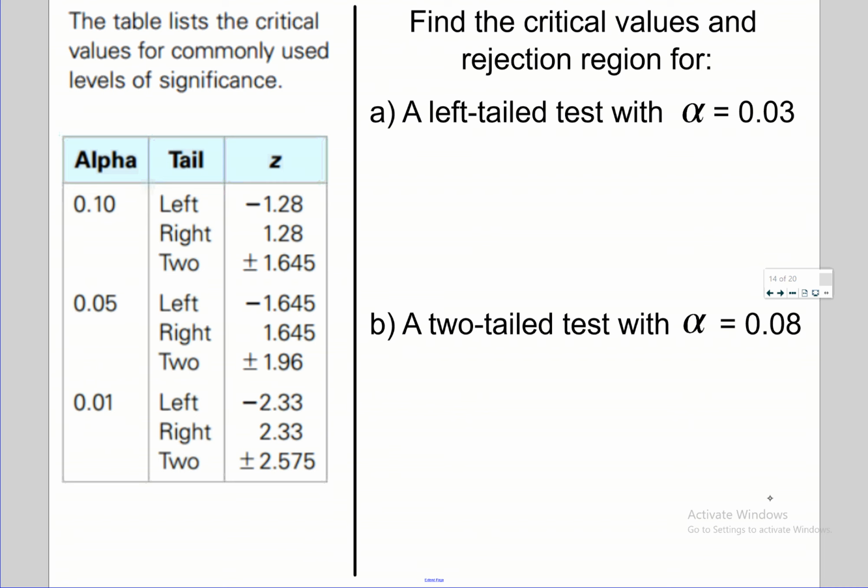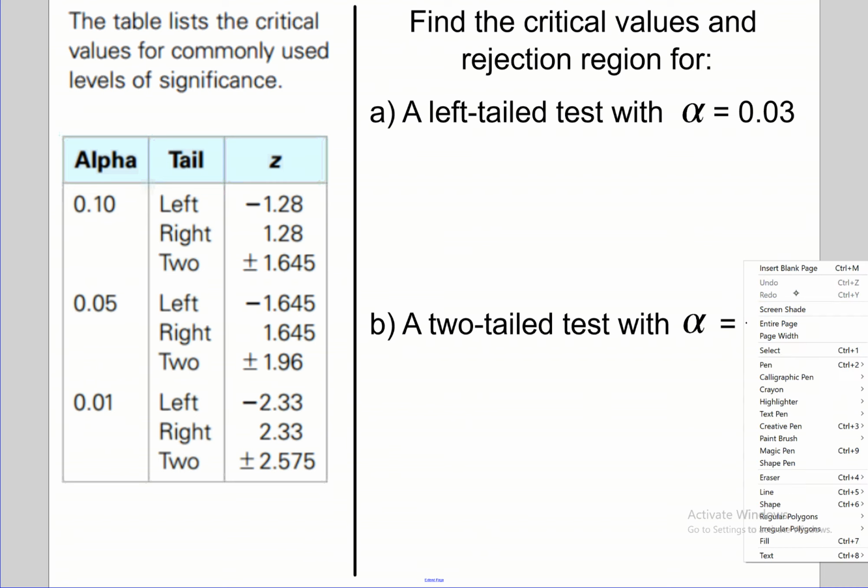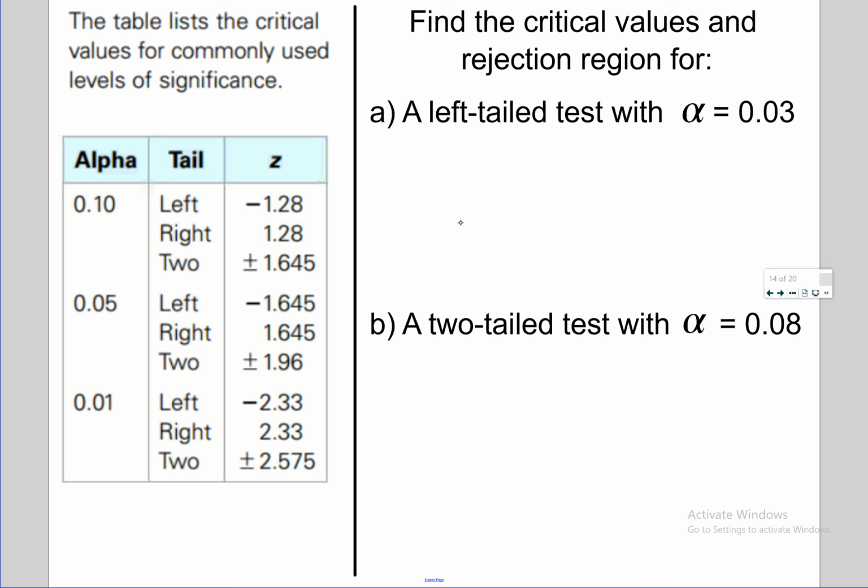If it's a left tail test, I'm going to draw a picture of that. What you're looking for is the Z value, that's our critical value, that will give you an area of 0.03 to the left. We've done this before, that's what's on your chart, area to the left.